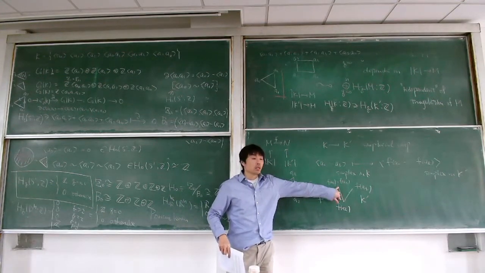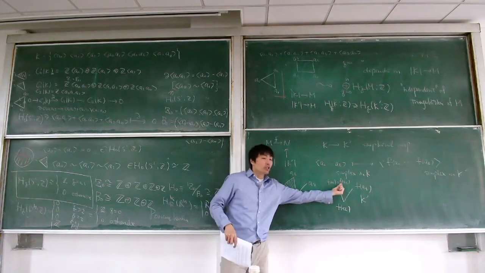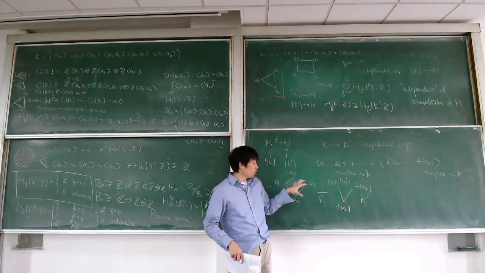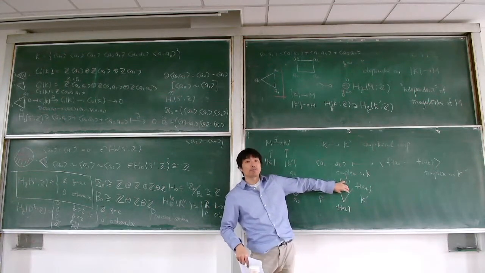A1 and A3 shrink to the point, and the two simplices collapse to the one simplex here.